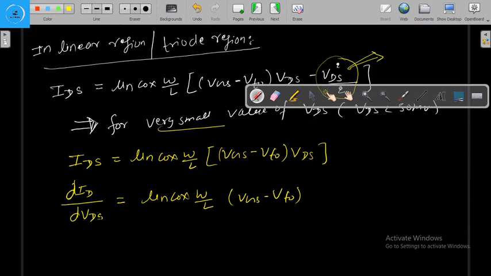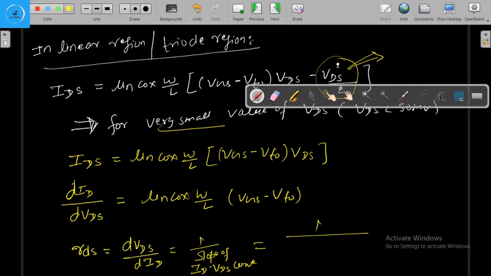Now when we take the reciprocal of this, the RDS will be equal to dVDS divided by dID, which is 1 divided by the slope of the ID-VDS curve, and that will be equal to 1 divided by μn Cox W by L and (VGS minus VT).